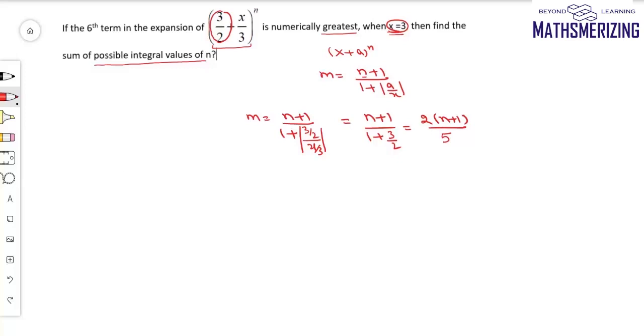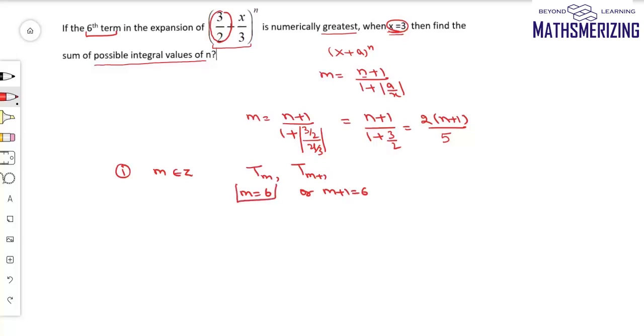Now I'll take case 1. First case, when m is an integer. Now if m is an integer, then there are two greatest terms, which are t_m and t_(m plus 1). Now it is given that the sixth term in the expansion is numerically greatest. So that means either m is 6 or m plus 1 is 6.